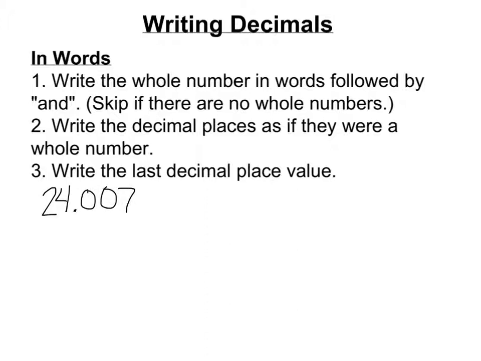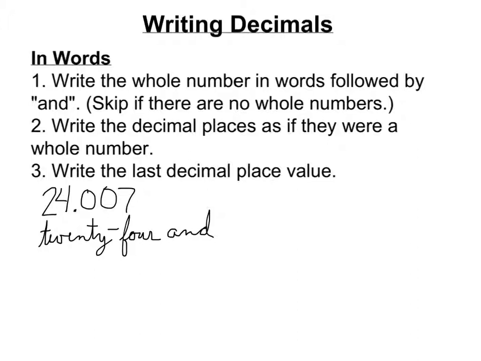24.007. So if I want to write this out in words, step 1, write the whole number in words. So 24. Remember that 2-digit numbers like this get hyphenated, followed by the word and.